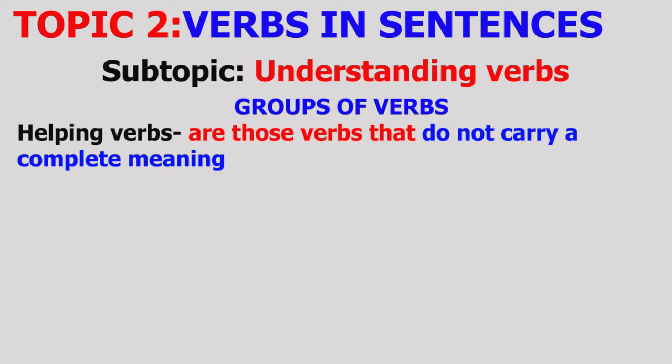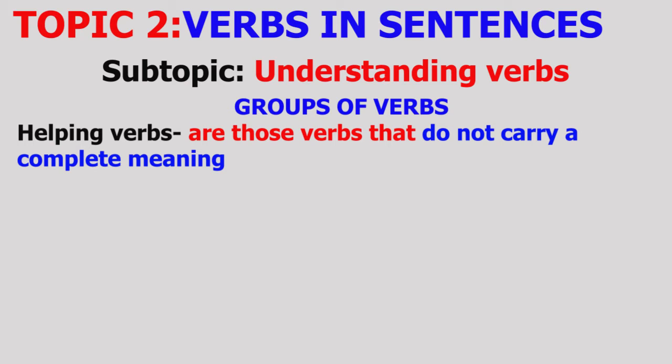It means that if you isolate main verbs alone, they will have meaning. For example, if you say eat, you know that eat is kula. Or you say speak, you know that speak is ongea. But helping verbs do not have meaning by themselves. They are meaningful when they go together with the main verb.